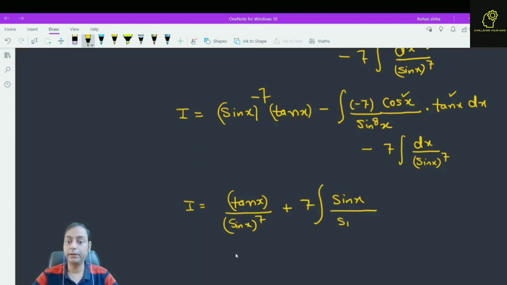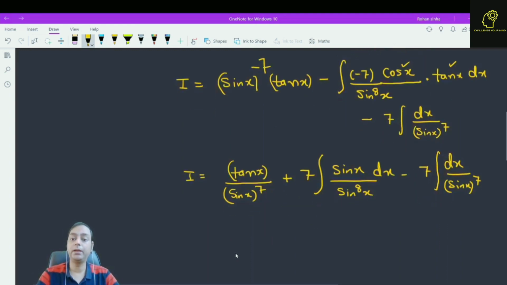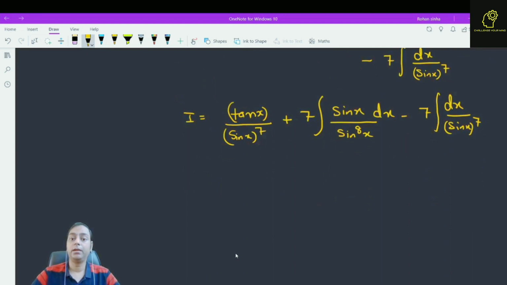Sin x upon sin raised to 8 x dx minus 7 dx upon (sin x) raised to 7. Now, after further calculations, what we find, this and this will get cancelled out, because sin x upon sin raised to 8 x is nothing but dx upon (sin x) raised to 7.